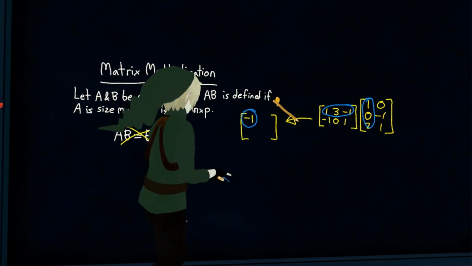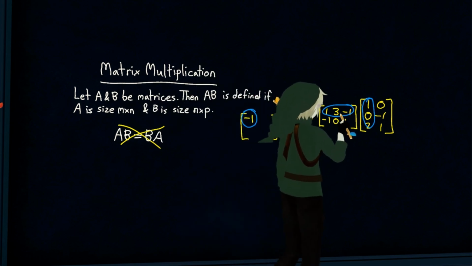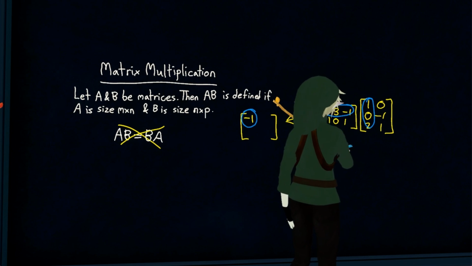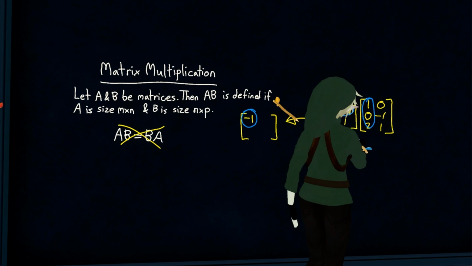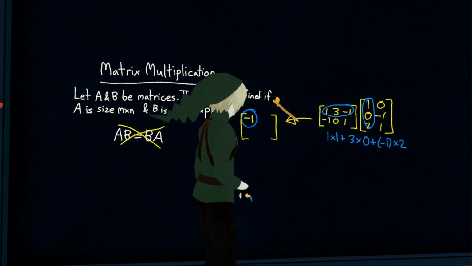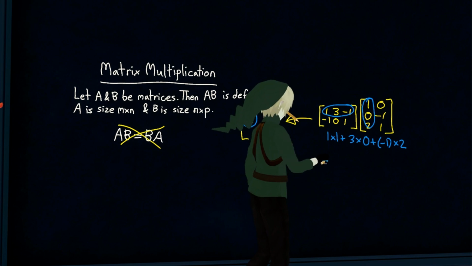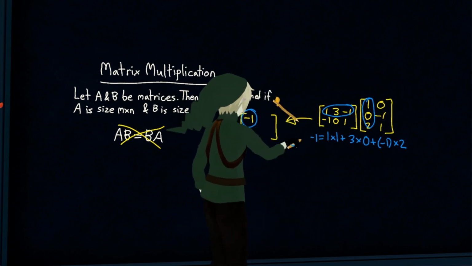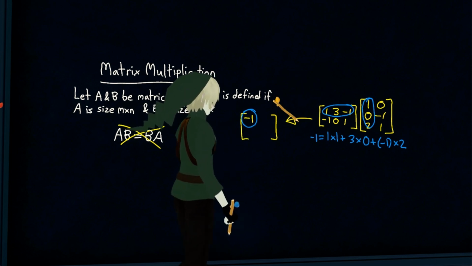So we do from 1 to 1, it's 1 times 1, plus 3 times 0, plus -1 times 2, right? That's what that is. This is equal to -1, and that's where we put this. We put it right there.